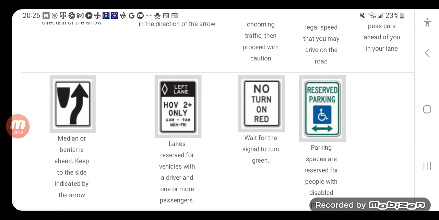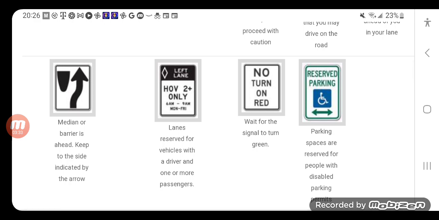This is a median sign, and it tells you that you have to keep right of the median. Okay, so when you're entering a highway or you're entering a median, you must stay to the right-hand side. This sign here, you'll see a lot of these in big cities where the lanes are reserved for vehicles with the driver and one or more passengers.